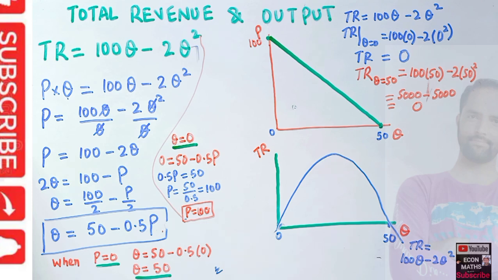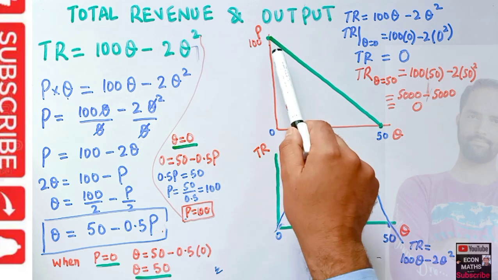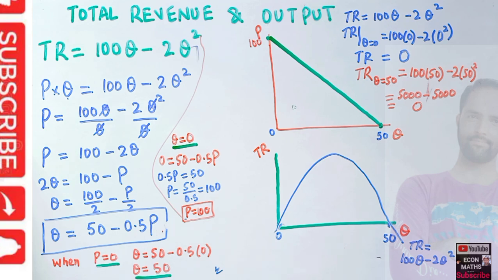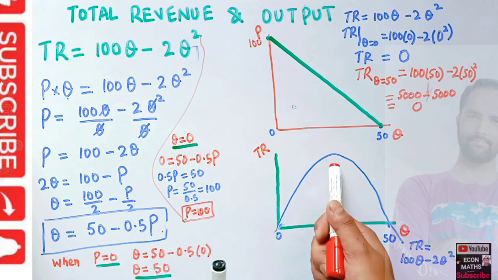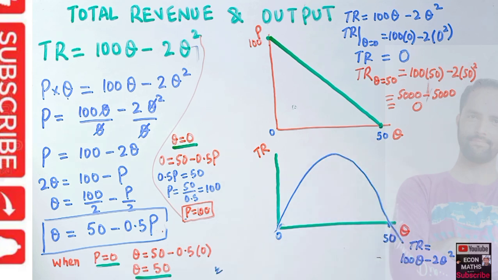And why does this happen? It depends upon the slope of our demand function. Since this is an inverted U-shaped function, it has a perfect symmetry. The highest point on this total revenue function will lie at the middle.